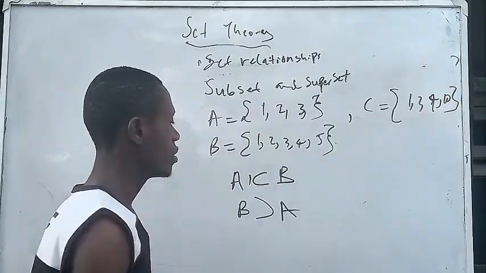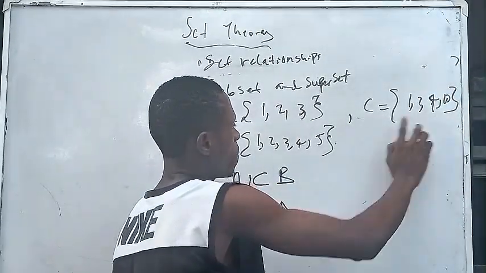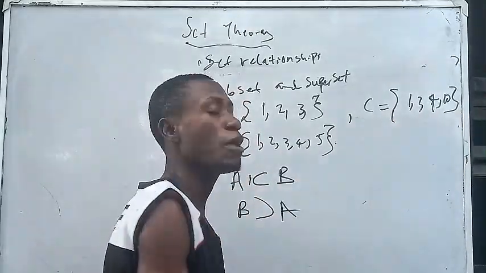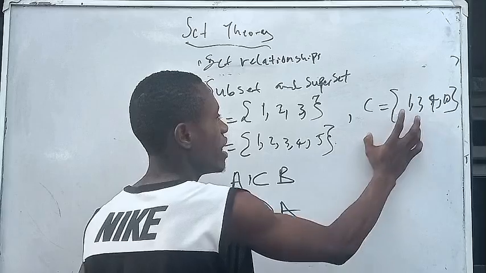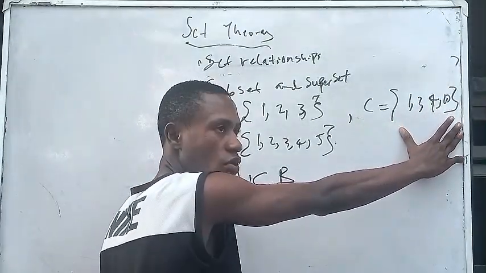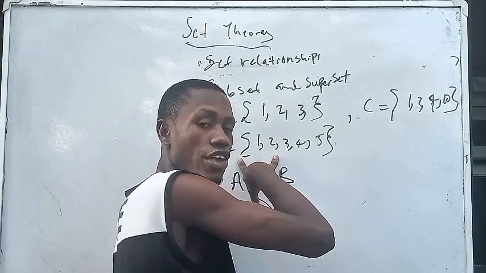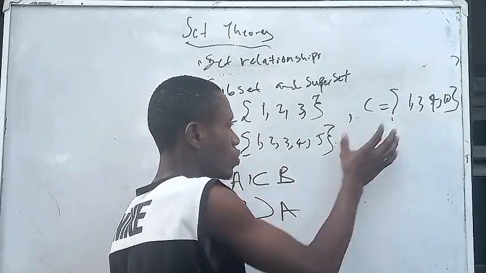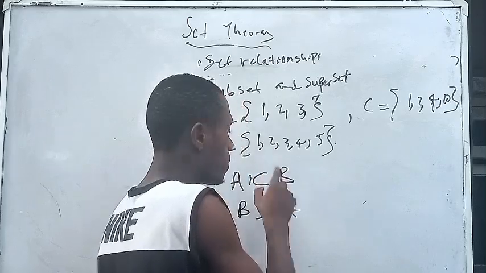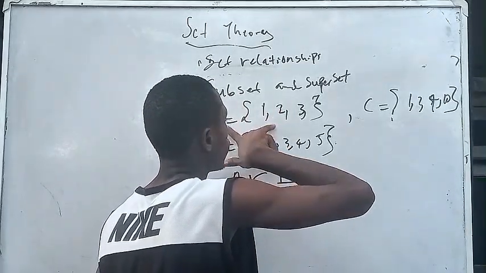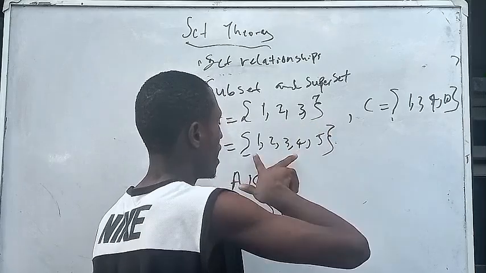Now the elements here, some of it are found here, but not all. So this cannot be referred to as a proper subset. Why? Because some of the elements found here cannot be found here, but some elements that exist here came from here. So we could call this a subset. But a proper subset shows that all the elements coming from here exist here.